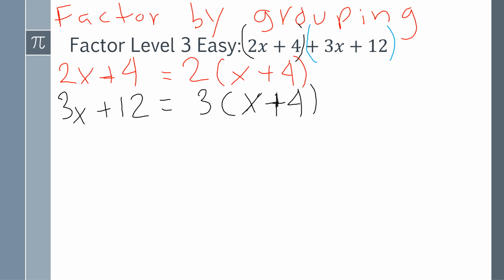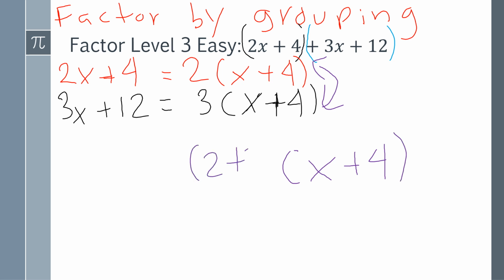All right. So you see how these match right here? They both match each other. So this is what you're going to do. You're going to put your matching answer at the back. And then the answers that don't match, like 2 and 3, just do 2 plus 3. And you are done.